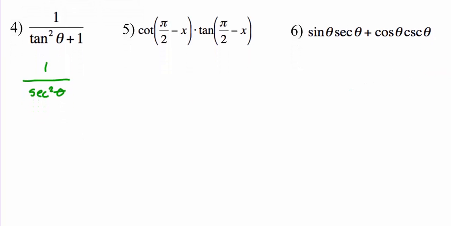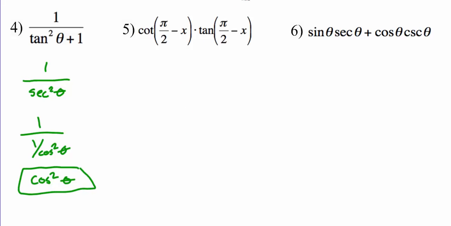Now another thing we know is that secant squared is the reciprocal of cosine squared, right? And 1 divided by 1 over cosine squared theta would be exactly cosine squared theta. And I would say that would be the simplest form for that problem.